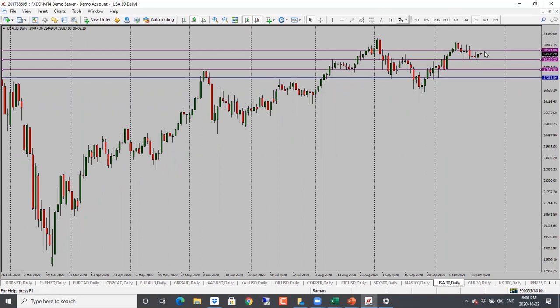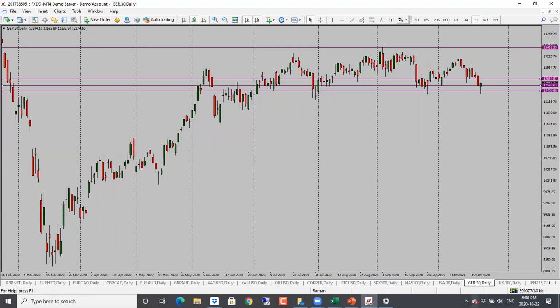Dow Jones here, same thing, it tried to go through and bounced off. It's still trading within this range. So for now, neutral to slightly bullish. I will look for a potential move towards 28,570 and then potentially into 28,850. So bullish bias for Dow Jones.